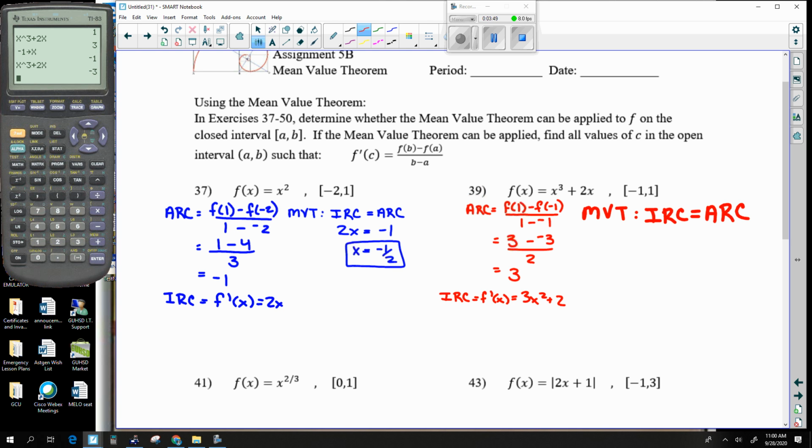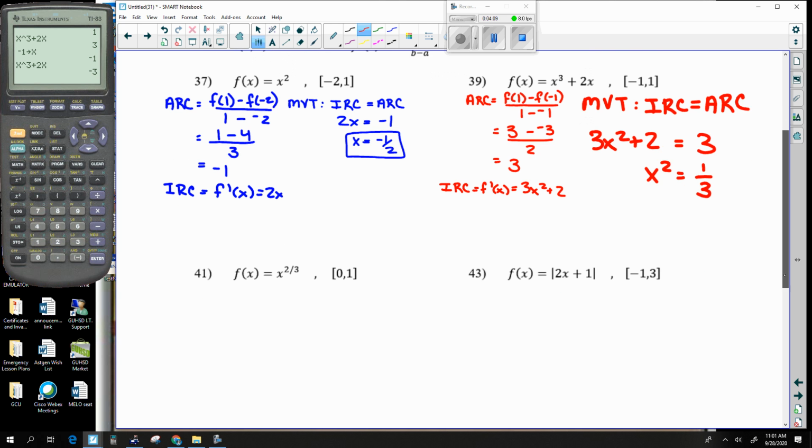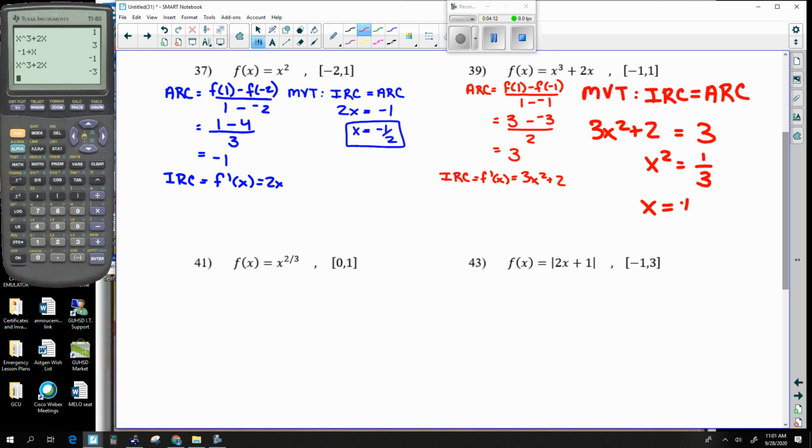The tangent is equal to the secant, as far as slopes are concerned. So the average rate of change was 3. My instantaneous rate of change is 3x squared plus 2. So x squared is equal to 1/3. Thus, x is equal to plus or minus the square root of 1/3, which is the same thing as plus or minus root 3 over 3.